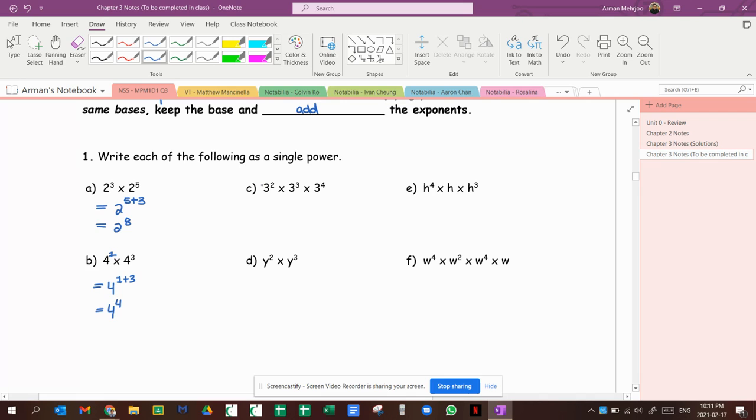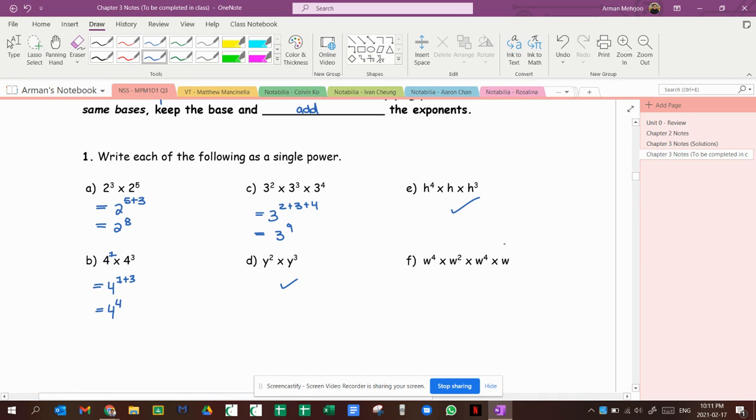Let's go to this one over here. So for this one, I've got 3 terms that are all multiplying. They all have the same base. So check and check. Keep my base the same and add all of my exponents. I think you guys can do this one on your own, so I'll leave that one.